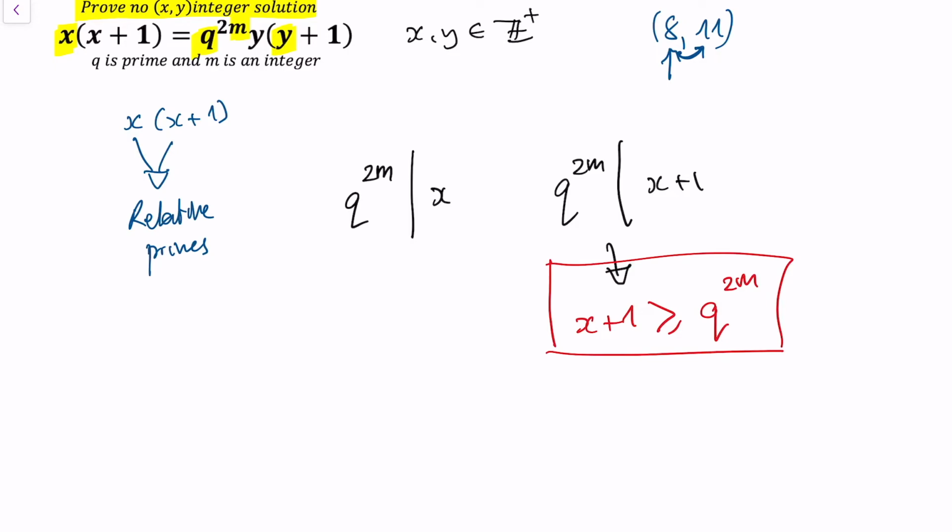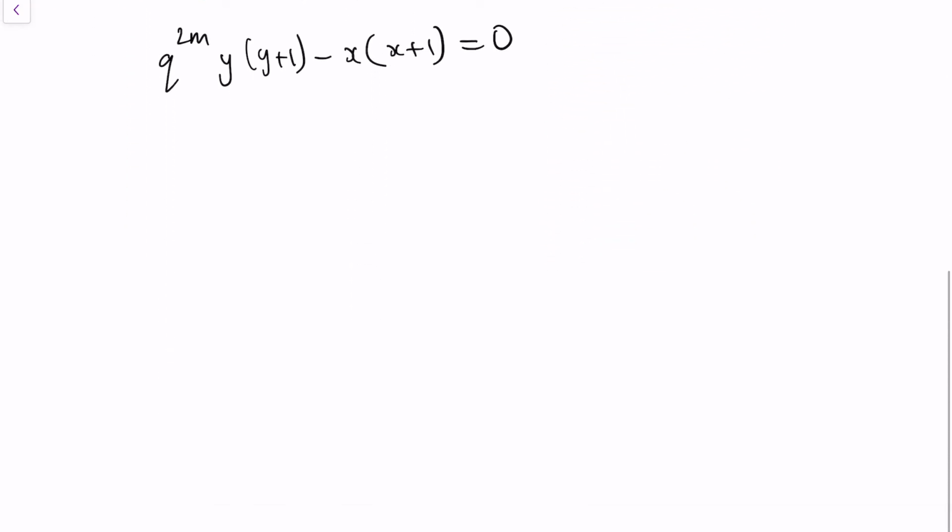Okay, now next, let's play around with the given equation. We can write it as q to the 2m times y times y plus 1 minus x times x plus 1 is equal to 0, just rearranging the given equation. Let's expand it: q to the power of 2m times y squared plus y minus x squared minus x is equal to 0.